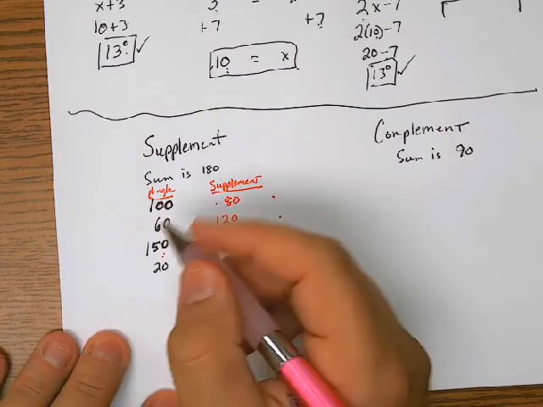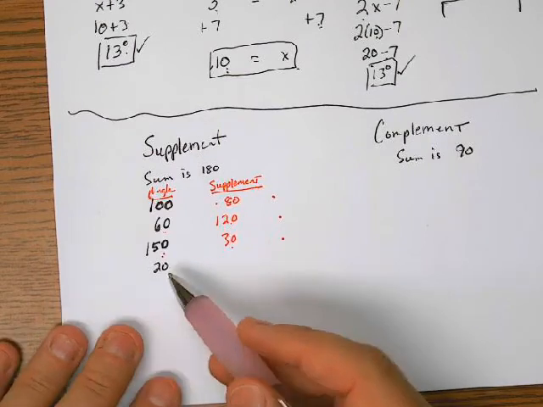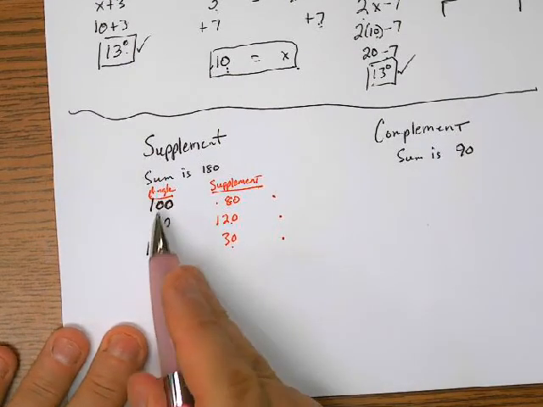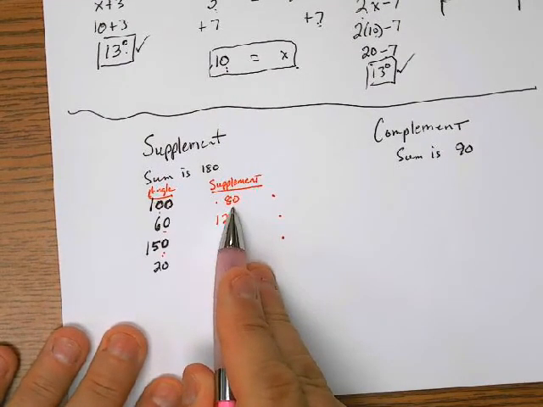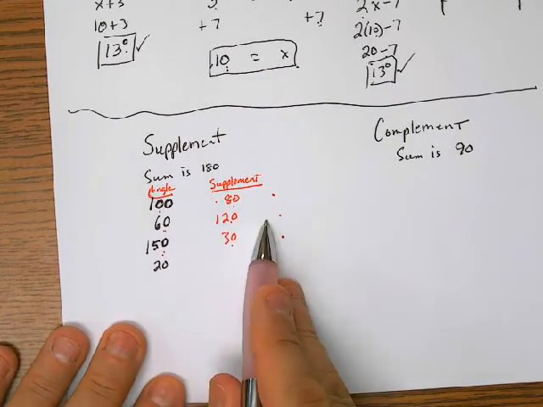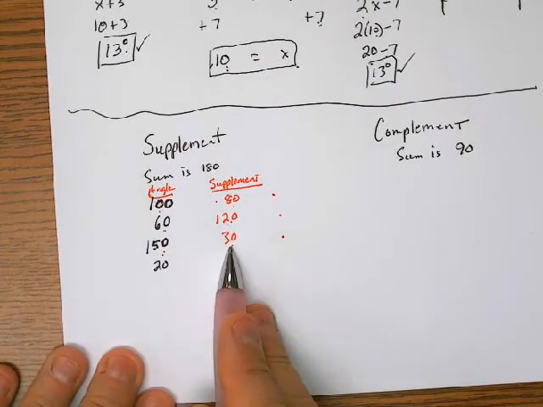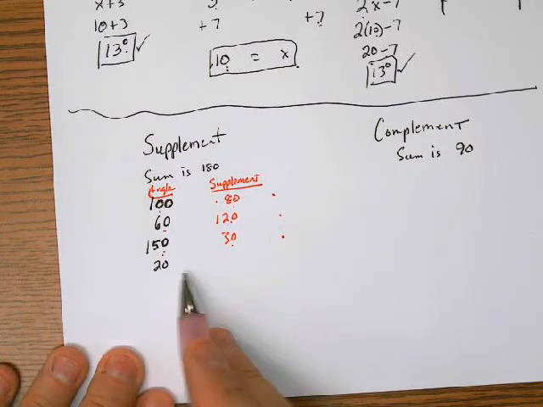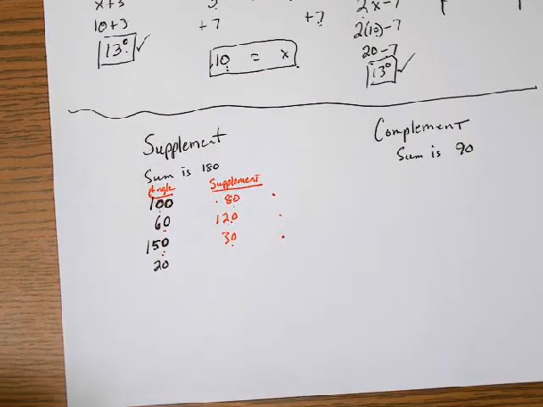Oh, maybe that. Oh, okay. Well, good. Let's get you involved now. So let's see. 100 plus 80 is 180. 60 plus 120 is 180. 150 plus 30 is 180. See, I thought you could get it.